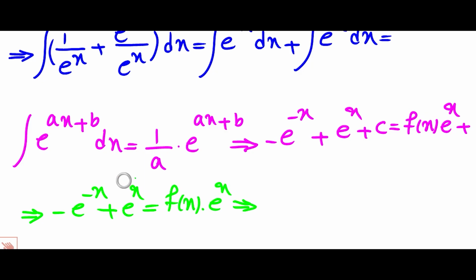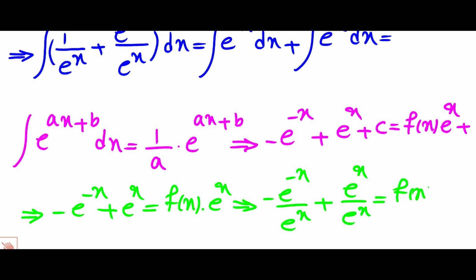If we divide both sides by e to the x, we have negative e to the negative x over e to the x plus e to the x over e to the x equals f of x, right?